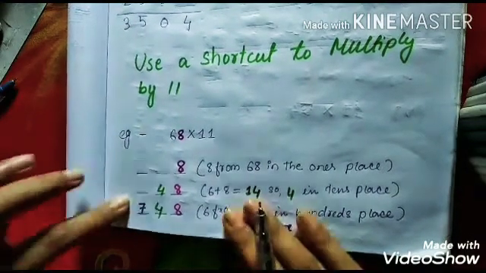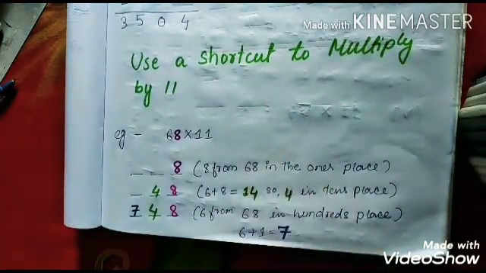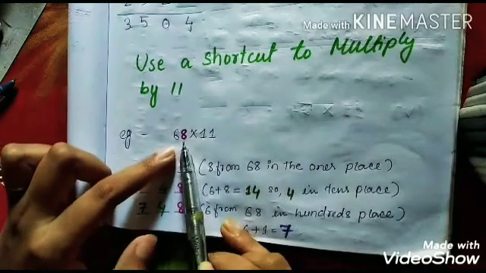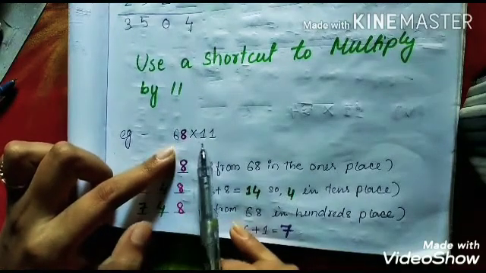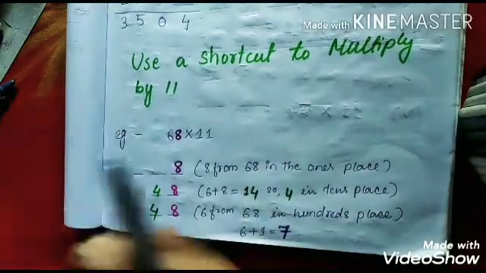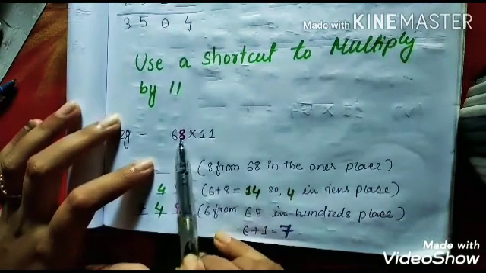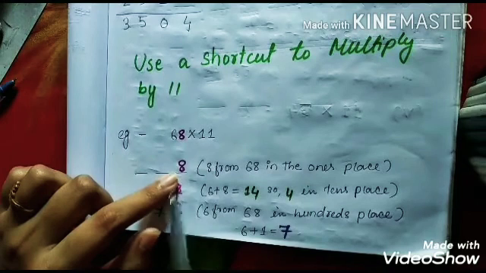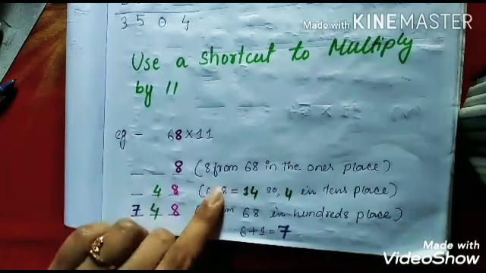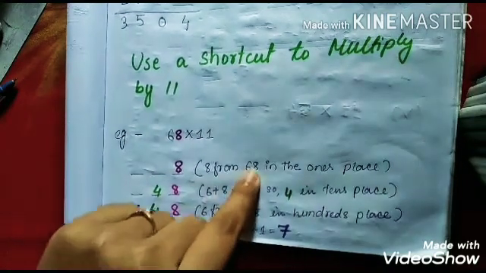Okay, so now what you have to do, you just have to see the ones place of the other number, other than 11. So here it is 68, so in ones place 8 is there, so you have to write 8 in ones place. In bracket I have written that 8 from 68 in the ones place.